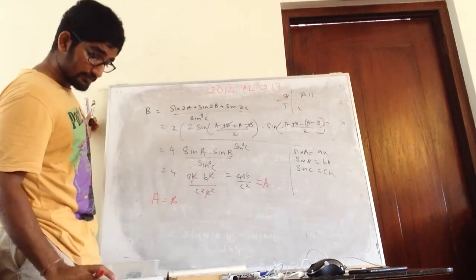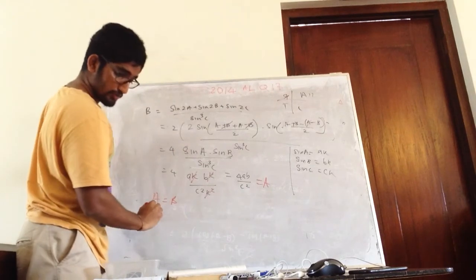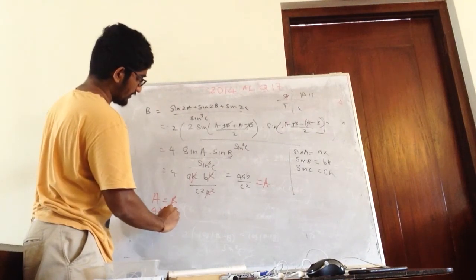So what is A? A we wrote as 4 lambda mu square. B is this, no?